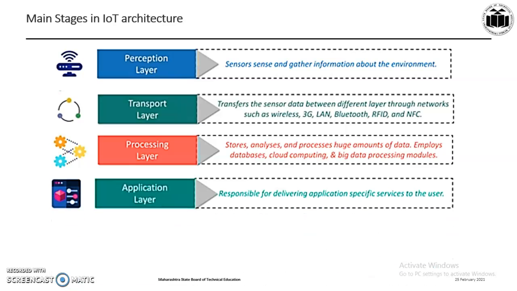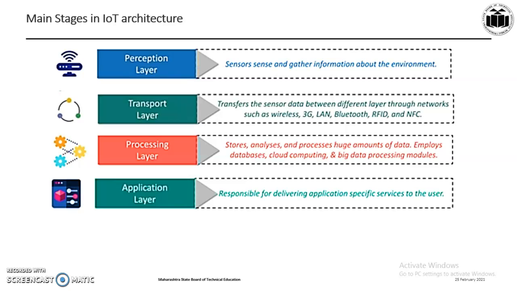The next layer is the application layer. This layer is responsible for delivering application-specific services to the user. It defines various applications in which Internet of Things can be deployed, for example, smart homes, smart cities and smart health. So this layer is basically responsible for providing the information to the user.